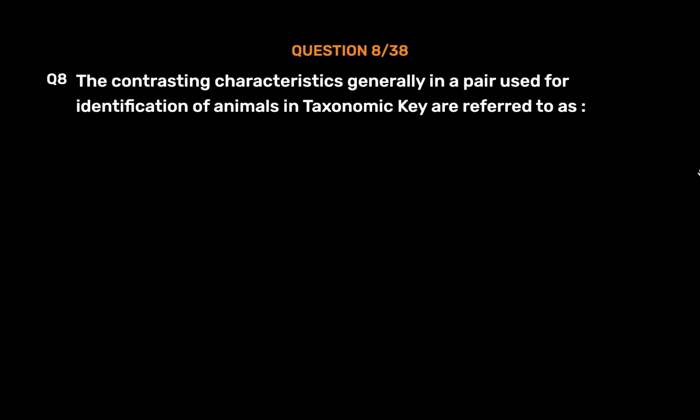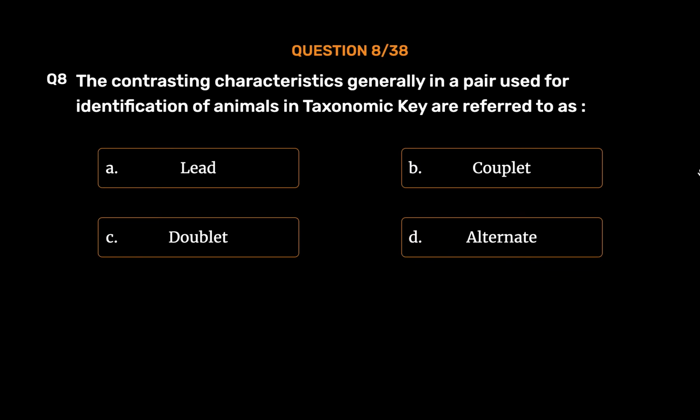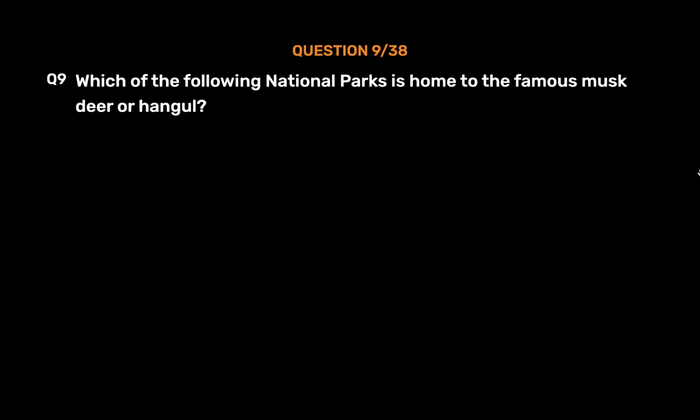The contrasting characteristics generally in a pair used for identification of animals in taxonomic key are referred to as Option A. Lead. Option B. Couplet. Option C. Doublet. Option D. Alternate. The correct answer is Option B. Couplet.